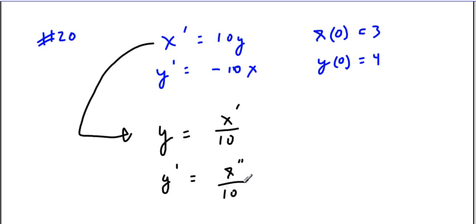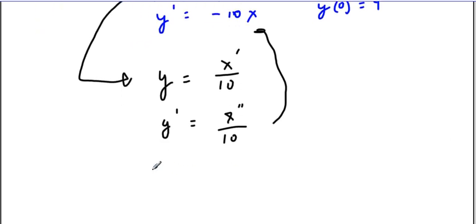And then I'm going to plug that back into this equation and say that x double prime over 10 is equal to minus 10x.